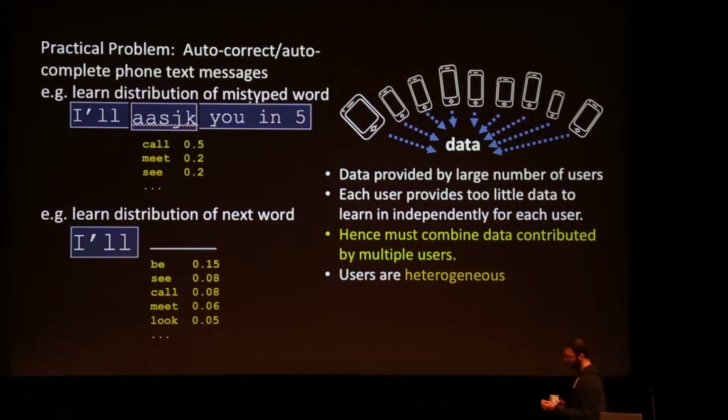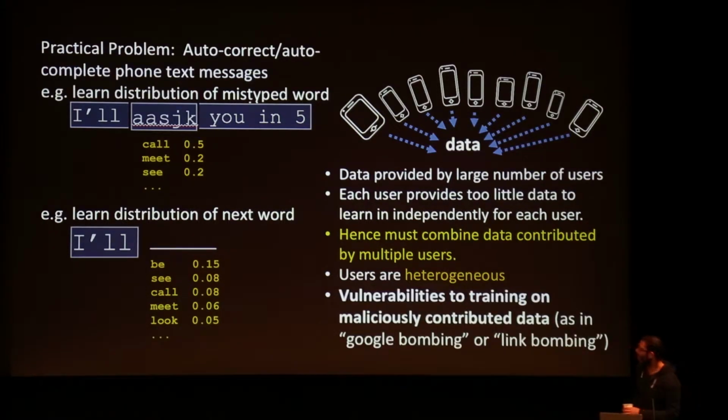Each user, though, provides too little data for you to learn their model in isolation. So you need to combine the data among all these different users. However, the users might not all be the same. They might be heterogeneous. Some users have a big tablet, and the typos you make on a big tablet are different from the typos you make on a tiny phone. Some users might have weird keyboards. Who knows?